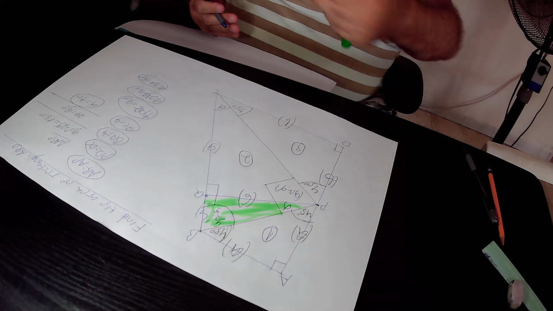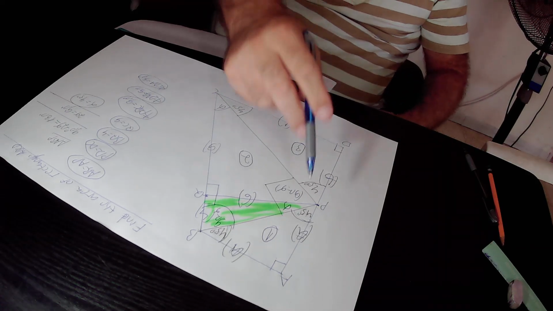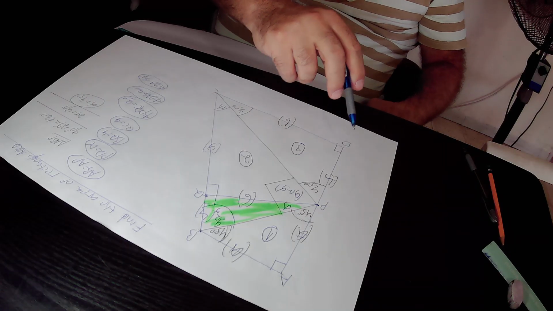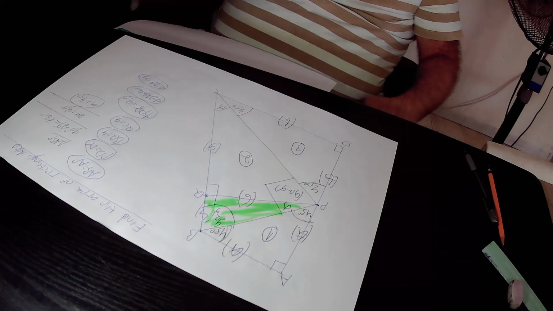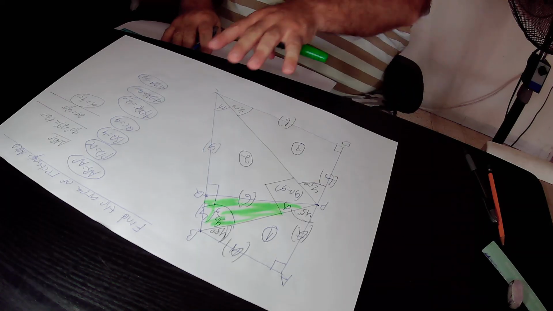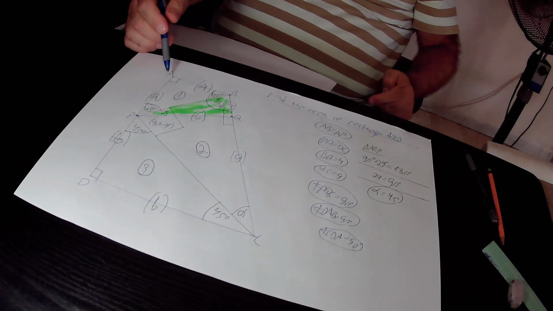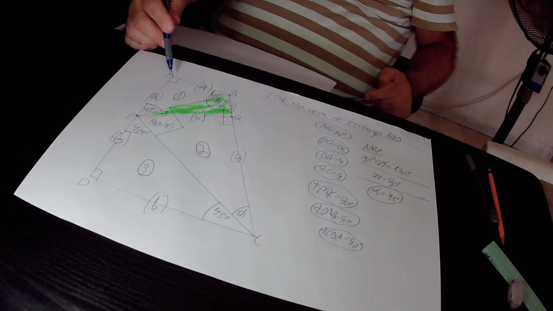So it is very easy to see that the sum of the areas of those three components must be equal to the area of the big trapezoid ABCD. So the area of trapezoid ABCD must be equal to the area of the first component. What is the area of the first component?